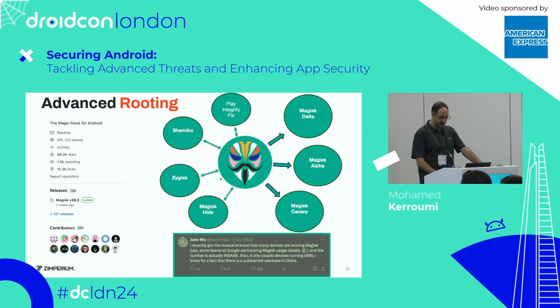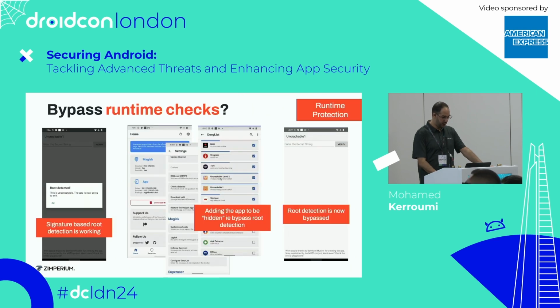I have an example here. We have an app that can detect root on the left, and then in Magisk you just select the app that you want to bypass root for, and you can see that the app will just think that the device is not rooted, right?